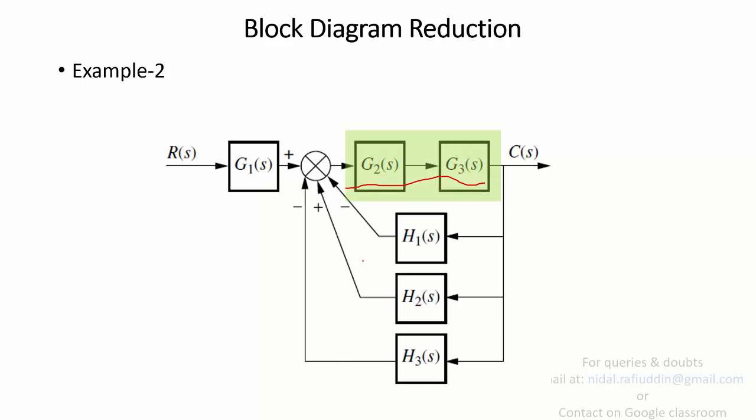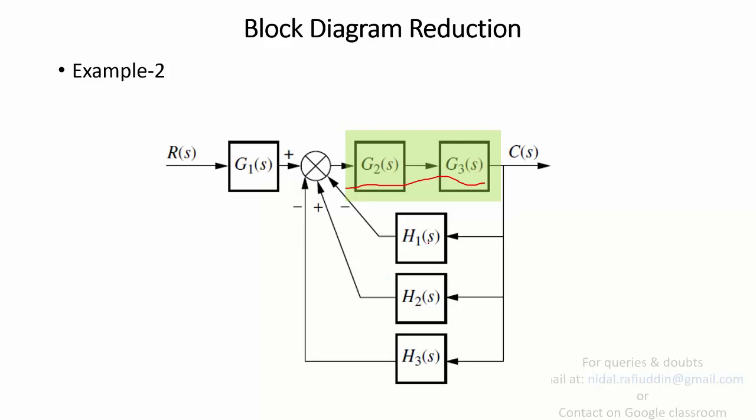And then you observe that there are certain blocks which have a common input and their outputs are fed to the same comparator with a certain sign. So H1, H2 and H3 have common inputs and their outputs are fed to the comparator. This means they are connected in a parallel arrangement, so rule 2 applies to them.